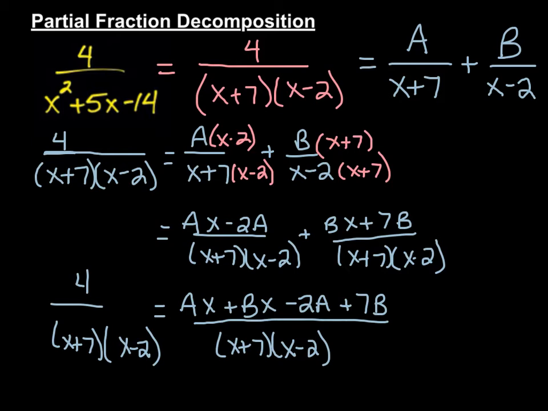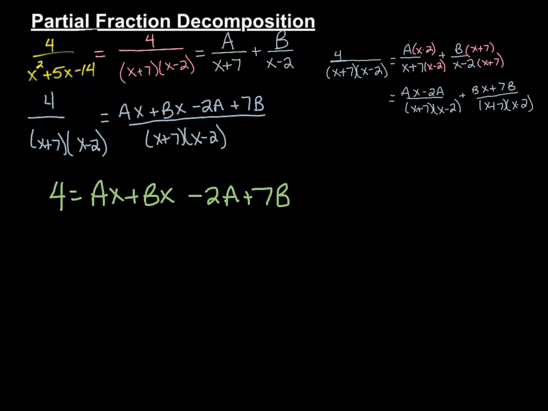So I combined our like terms, so we have ax plus bx, and then negative 2a plus 7b over our denominator, and it's equal to the thing we're trying to decompose or break apart. So you'll see over here that these two are equal to each other. If we were to multiply both sides by (x + 7)(x - 2), they would cancel out.